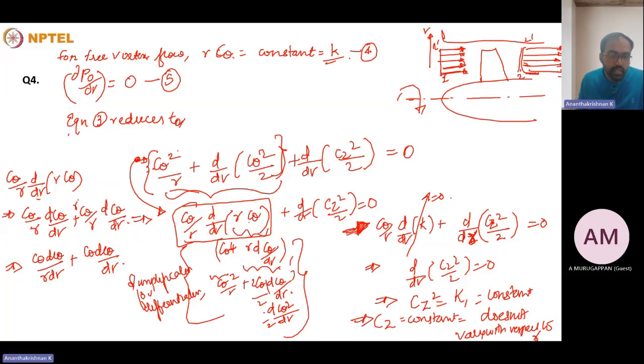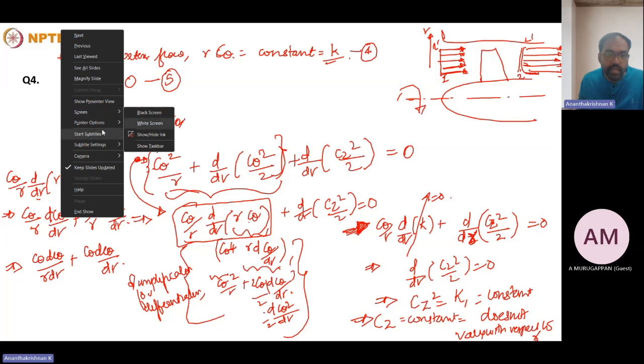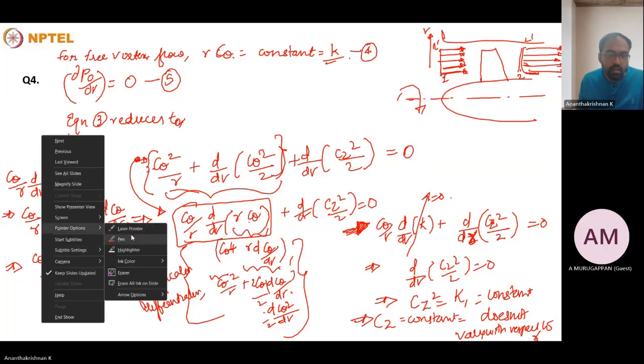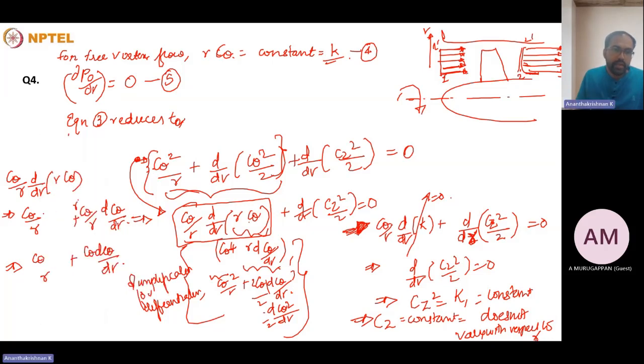There is a small correction. I beg your pardon, there was a small mistake. This is d by dr and c theta squared, because we are differentiating only r with respect to dr. So d c theta comes out, c theta comes outside. So it will come down to c theta squared by r plus c theta into d c theta divided by dr. That can be written as c theta squared divided by r.